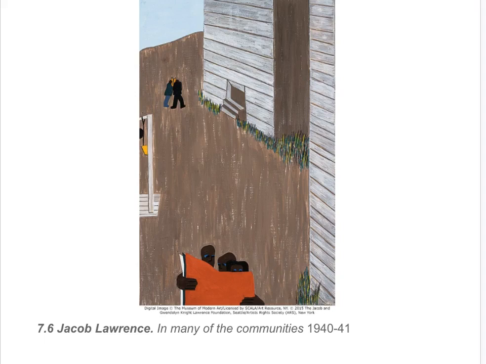And I actually wanted to read you a little bit about the meaning behind this one, because sometimes when you see a work of art that looks maybe cartoonish or simplified, it's hard to know what the artist was trying to say without reading a little bit about their history and what they were wanting to say with their art.